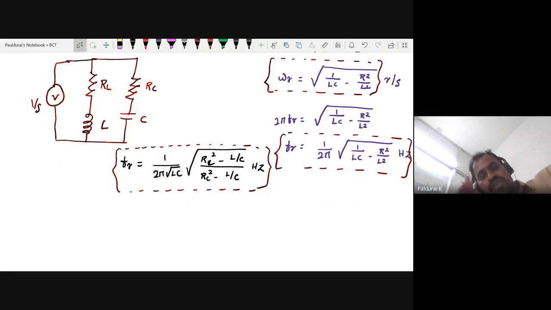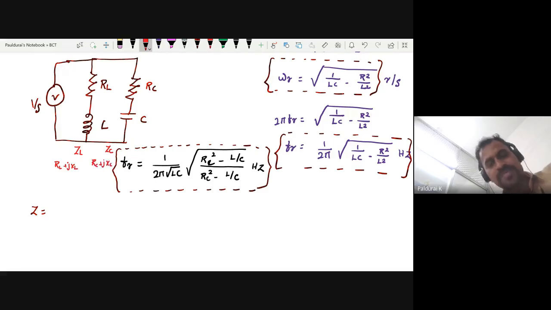You know the flow. So this time find Z. Here Z equal to, take this as ZL and this as ZC, where ZL equal to RL plus J times XL, and ZC is RC plus J times XC. So ZL parallel with ZC.